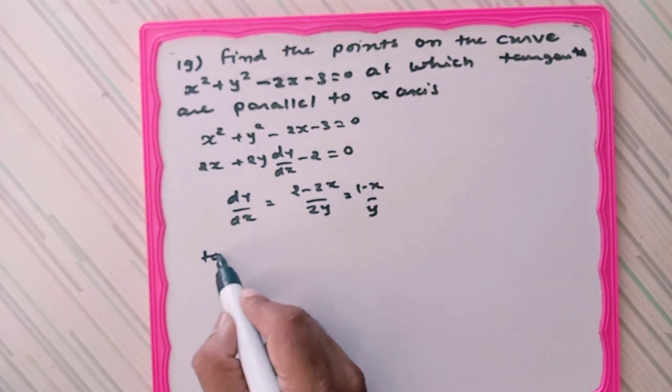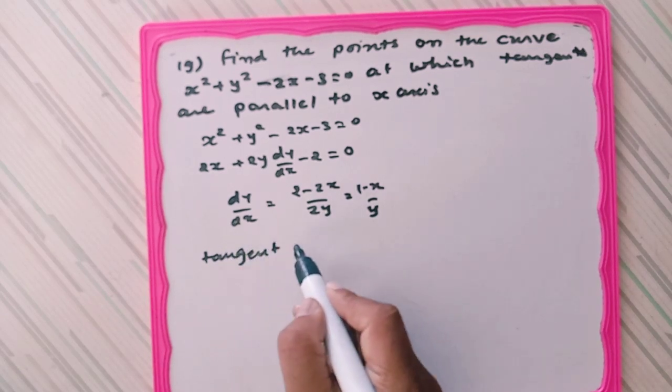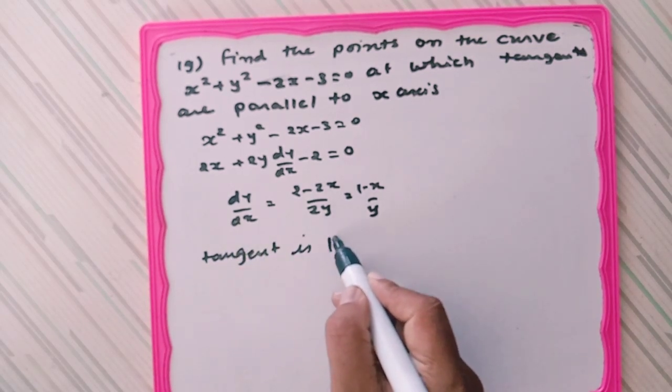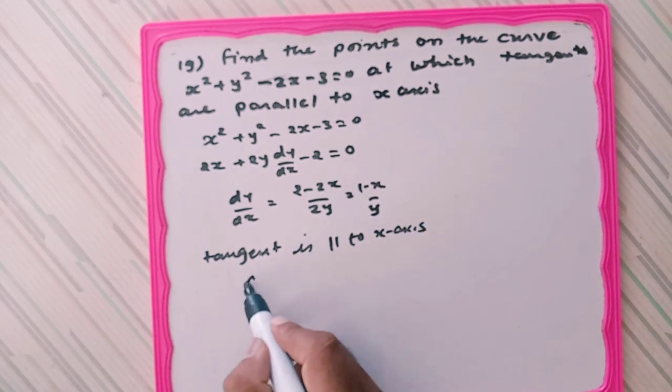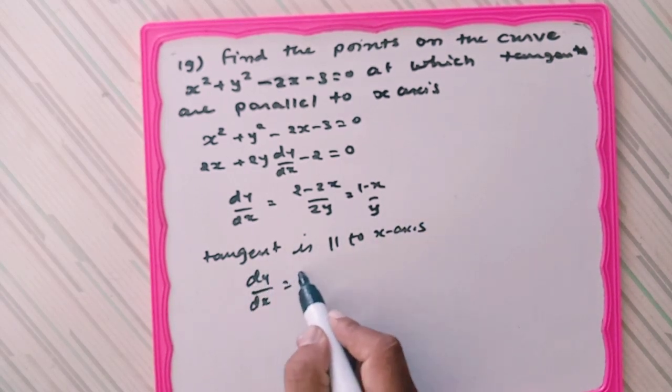Now the tangent is parallel to the x-axis, and therefore dy/dx equals 0.